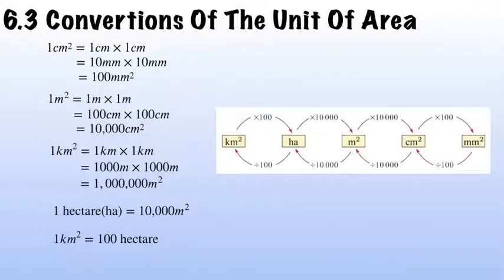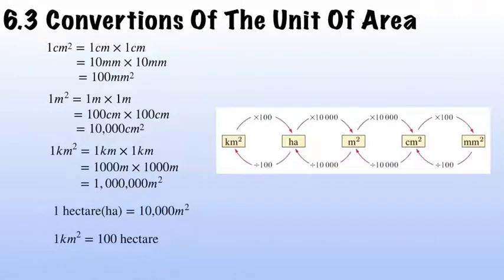For the first one, cm square convert to mm square. We need to times 100 because 1 cm square is 100 mm square, right? Just now we have calculated 1 cm square equals 100 mm square.